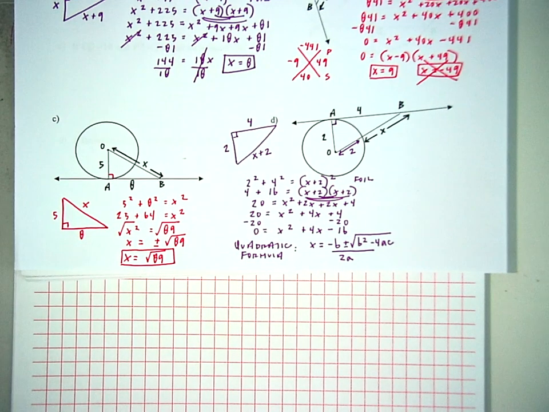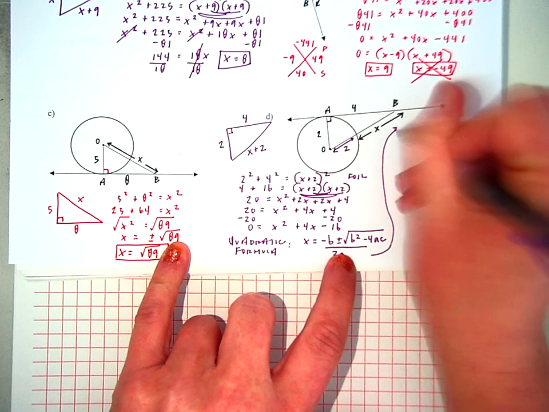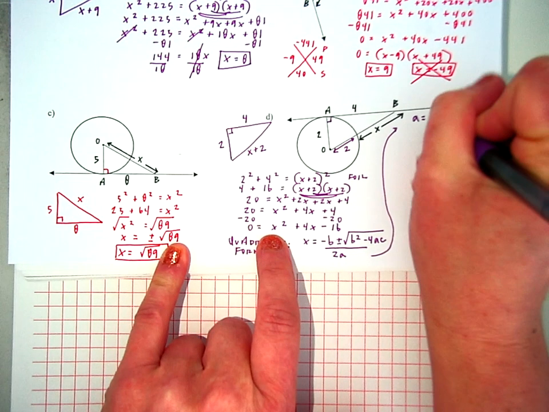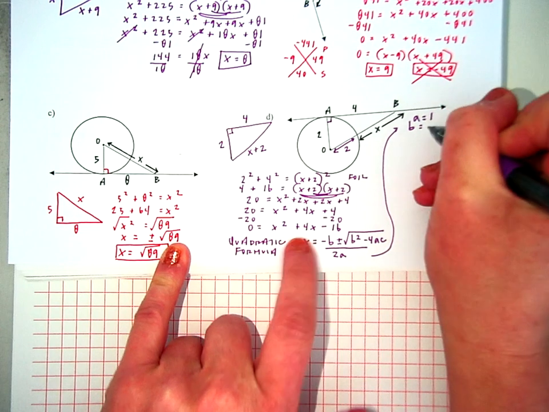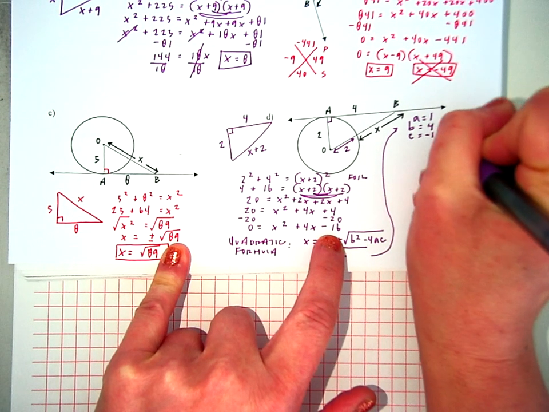So first, if I just define what a, b, and c are, a is the quadratic coefficient, so 1. B is the linear coefficient, so 4, and c is the constant, so negative 16.